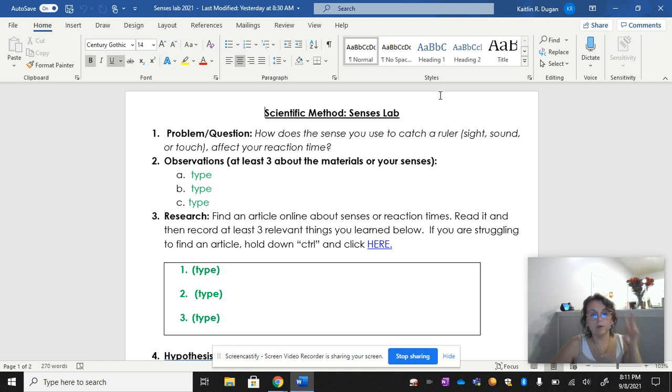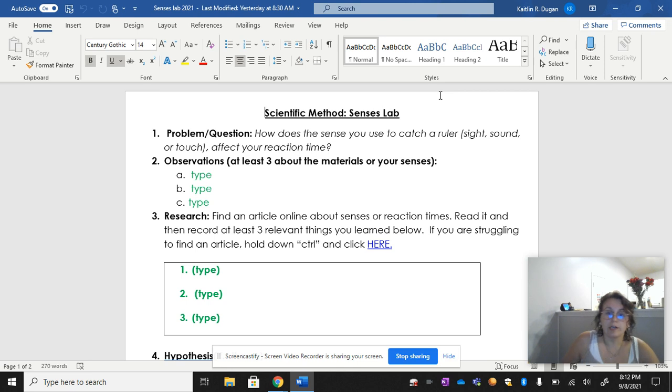P is problem, O is observation, R is research, H, hypothesis, E, experiment, P, procedures, C, collect data, A, analyze data, C, conclusion, and C, communicate your results.